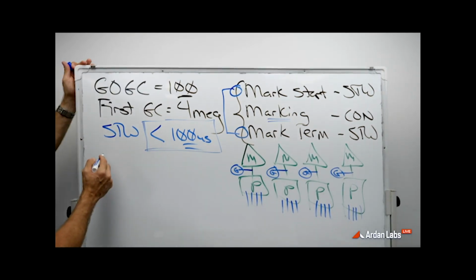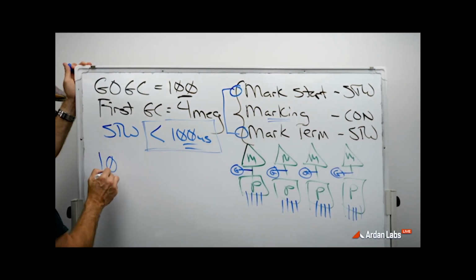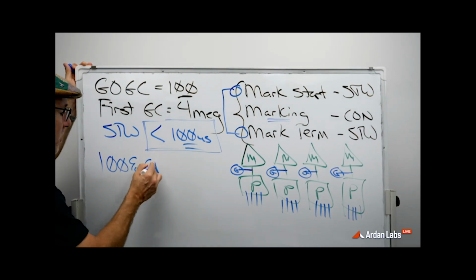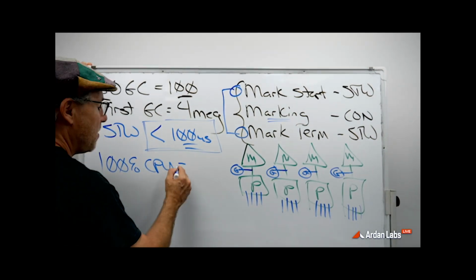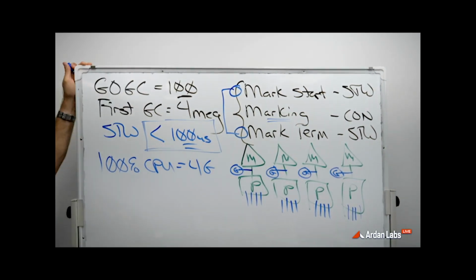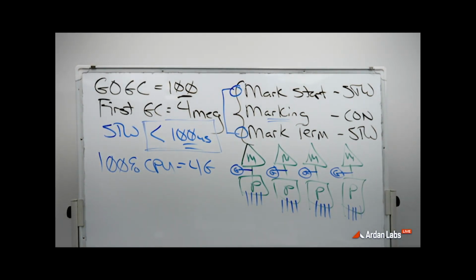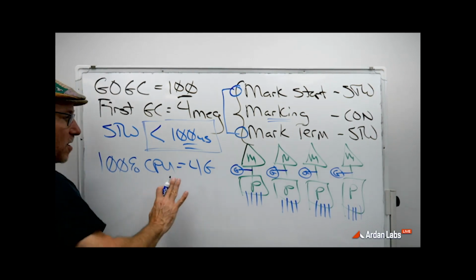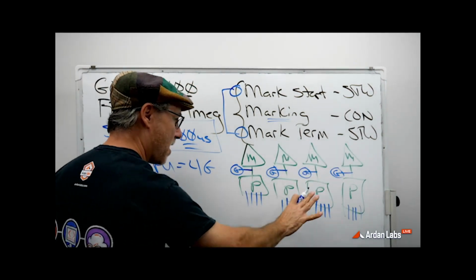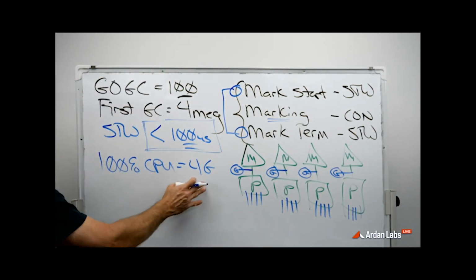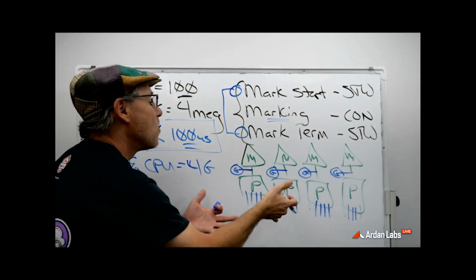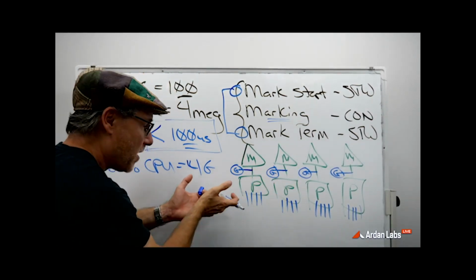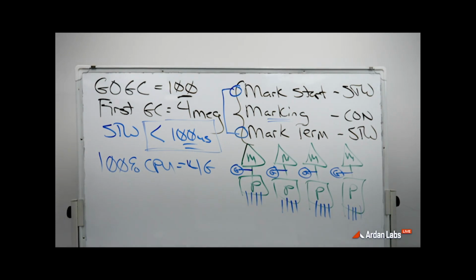Another number I want to put up here is that when we're using 100% of our CPU capacity, that means we've got 4 Go routines executing work at the same time. I like thinking about our CPU capacity in this case as saying that we're a 4-threaded Go program. So if we're handling 4 requests at any given time in parallel, that's 100% of our CPU.